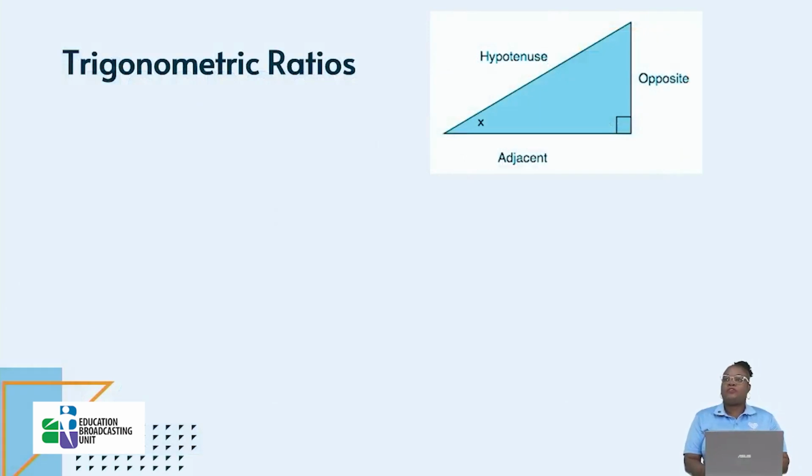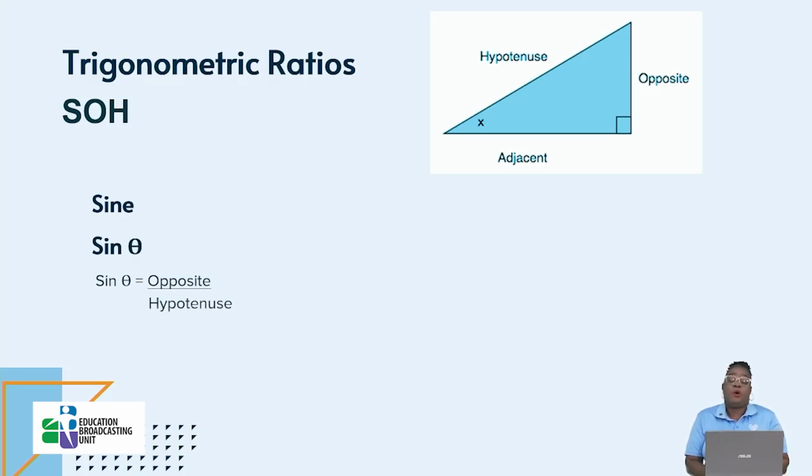So our trigonometric ratios, we now will take into consideration the opposite, the adjacent, and the hypotenuse. Our first trigonometric ratio is our sine rule, which is SOH, which means sine of the angle is equal to opposite over hypotenuse.